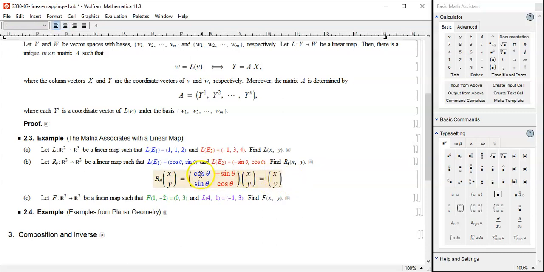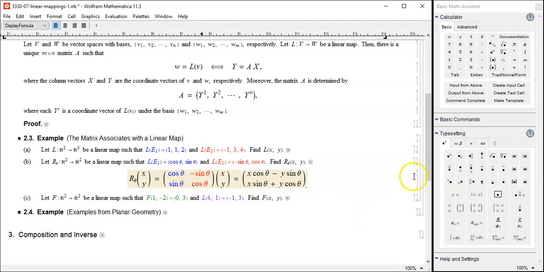So x times cosine, y times negative sine, so x times cosine of theta minus y times sine of theta, and then we have x times sine of theta plus y times cosine of theta. And there goes the matrix expression of this linear map.